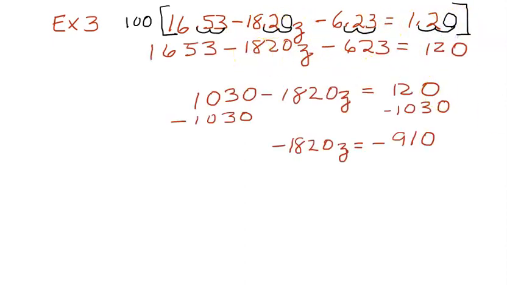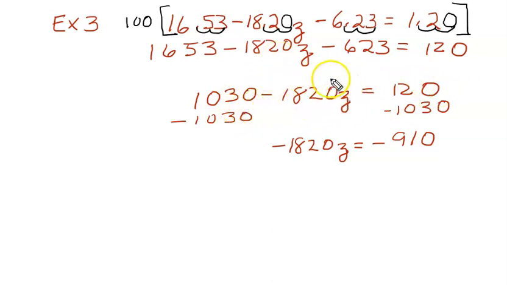So I've rewritten it without the decimals. Now I'm going to collect like terms. I'm going to subtract this from that, and I get 1030, bringing my other terms down.